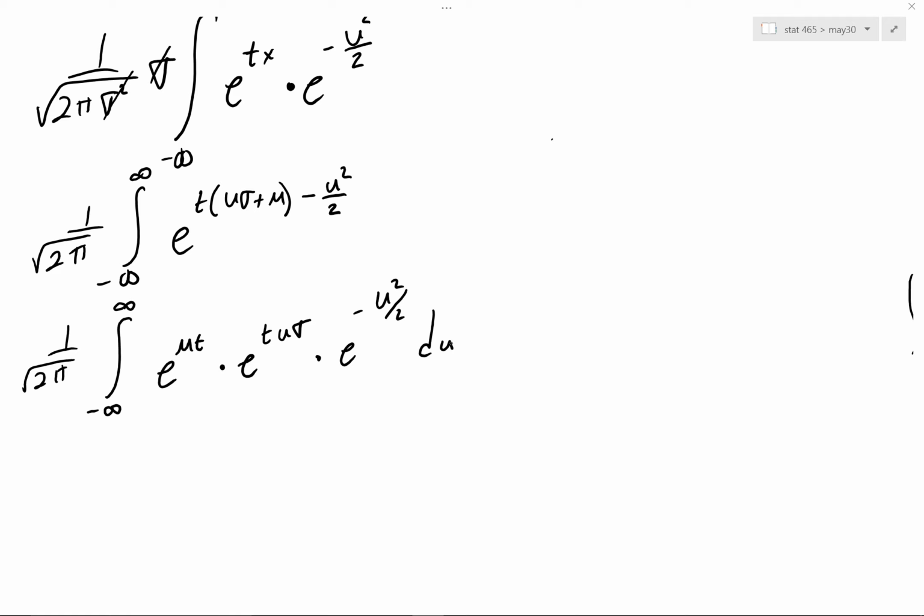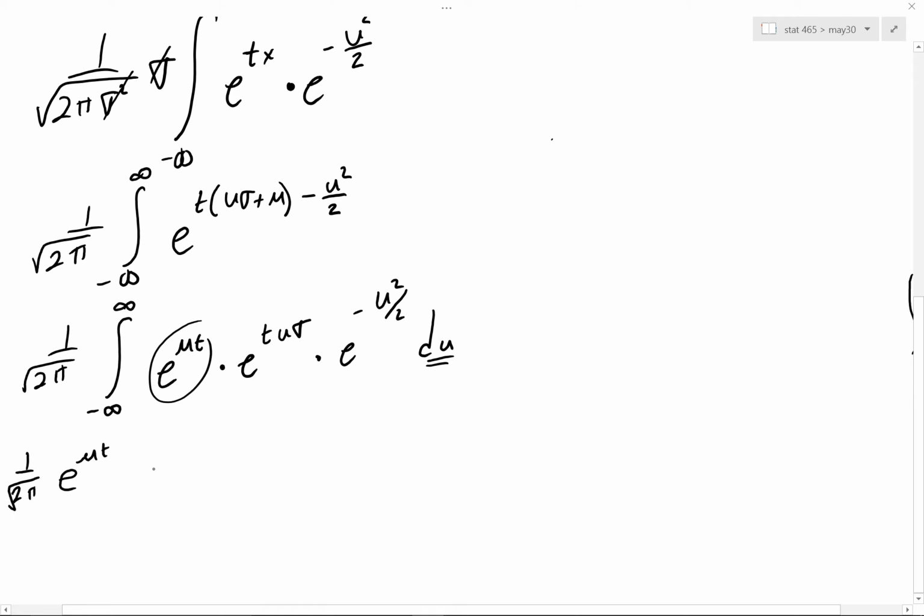Excellent. All right, so then the question is simply this. When I do this integral, what am I going to get? So this first part here can come out front because it has nothing to do with du. You see this? So that's going to be out front. 1 over the square root of 2 pi.